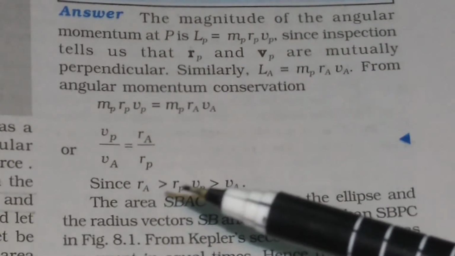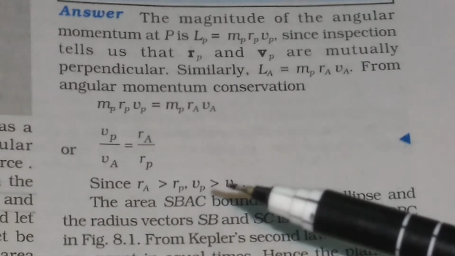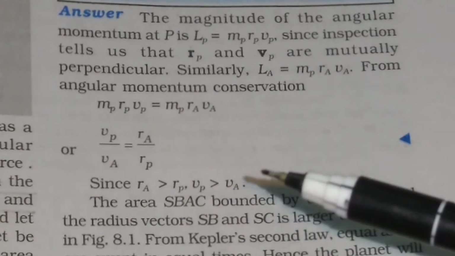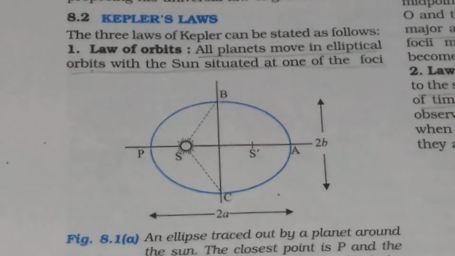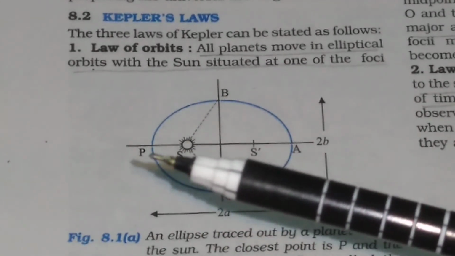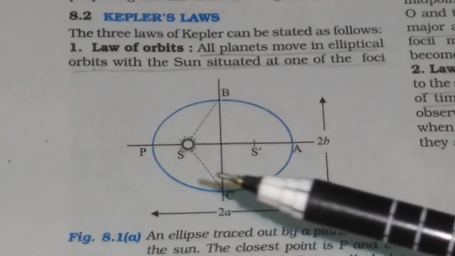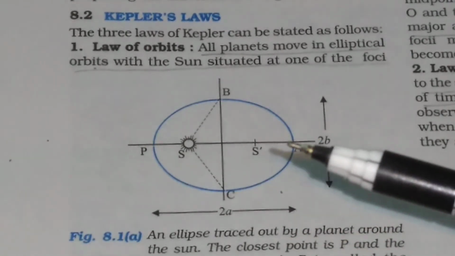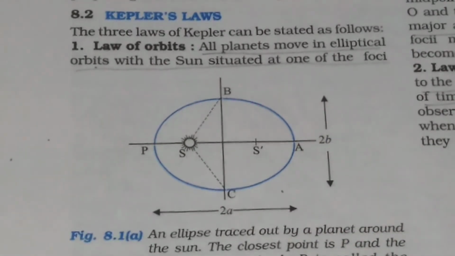And since Ra is greater than Rp, Vp must be greater than Va. So the velocity of the planet at the perihelion will be greater than the velocity of the planet at the aphelion.